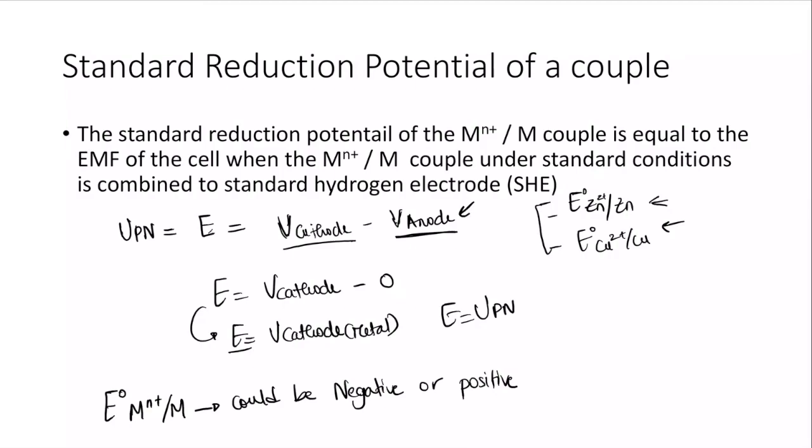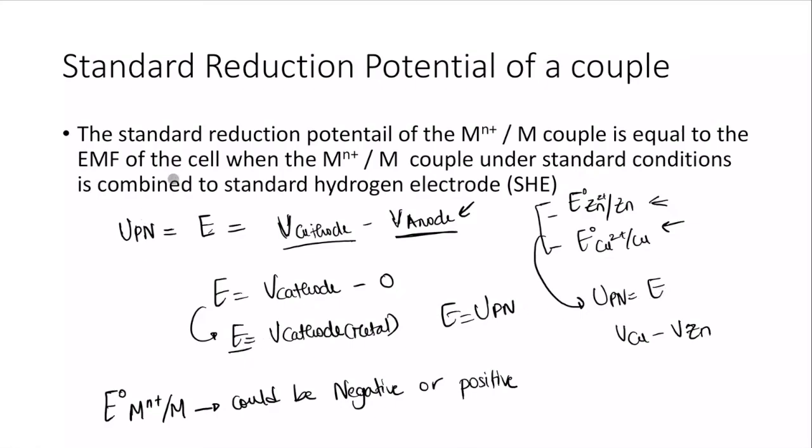Then I can conclude the EMF of the cell, because it's V for Cu, the cathode, minus V for Zn, the anode. So we're using this reduction potential so that we can calculate the E in other cells.